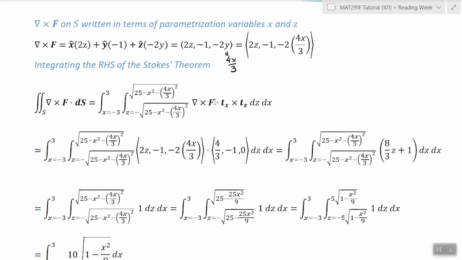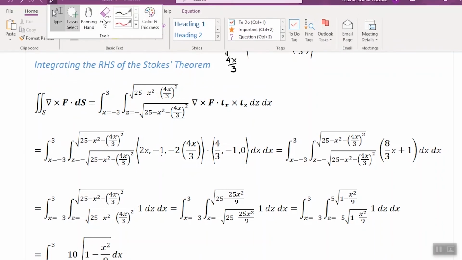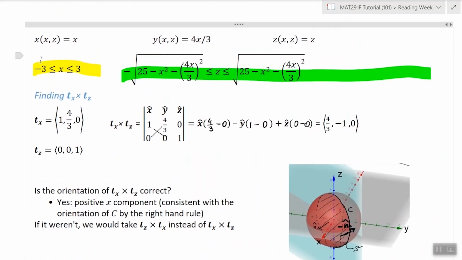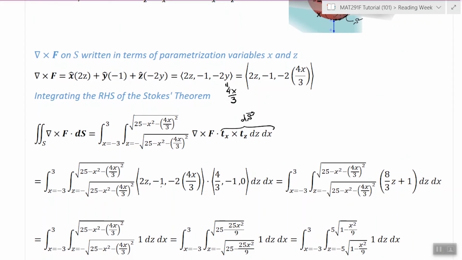Next step is to integrate the right-hand side of Stokes' theorem. You see what I wrote here is the flux integral. Here we have our differential surface element that has associated direction with it. The bounds I got from here. You see this yellow bound is over here. Let me highlight it.